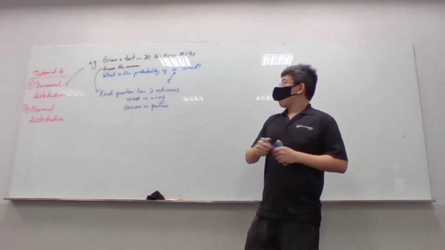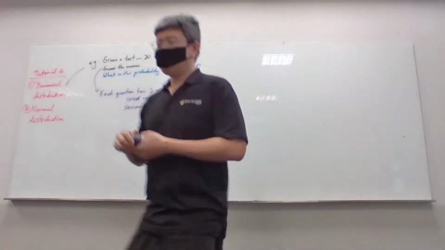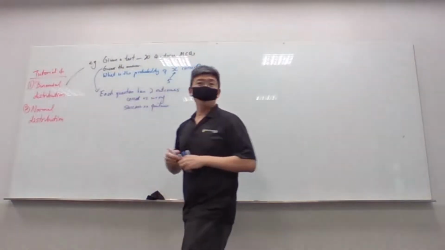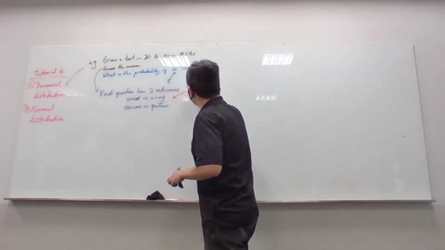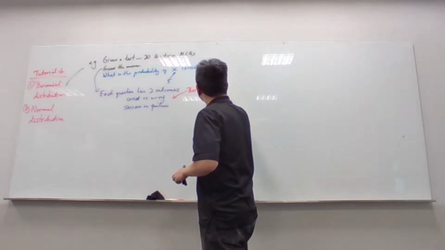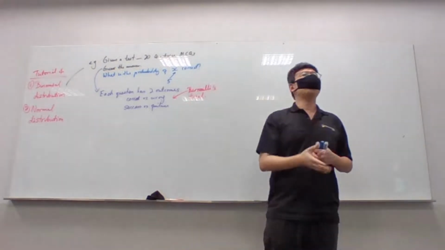Once you have a trial that has only 2 outcomes, this is what we call a Bernoulli's trial. A Bernoulli's trial is any test that has only 2 outcomes.